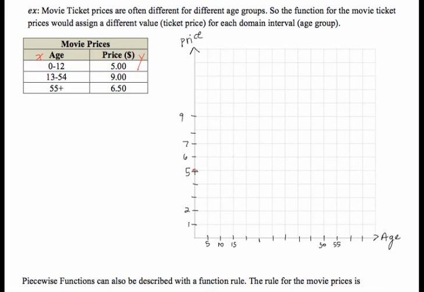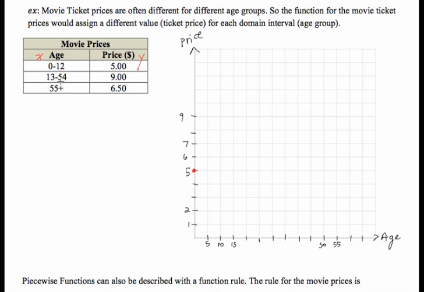Actually, I'm going to erase that, because when you're 12 and a half, how much do you pay? You still pay $5. When you're 12 years old and 355 days old, you still pay $5. The price doesn't jump up to 9 until the day you turn 13 years old.